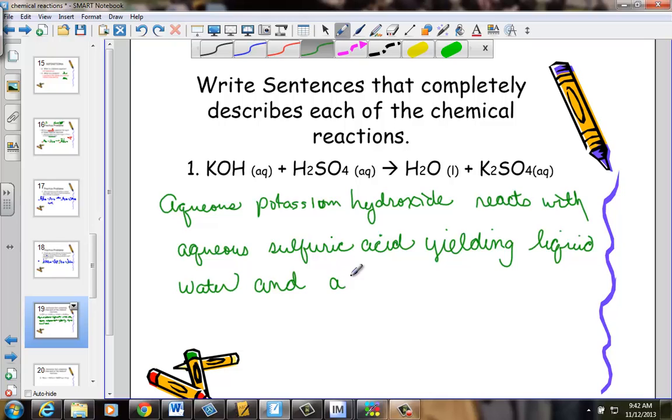K2SO4 AQ, let's write that as aqueous potassium sulfate. I'll read it back for you. Aqueous potassium hydroxide reacts with aqueous sulfuric acid, yielding liquid water and aqueous potassium sulfate.